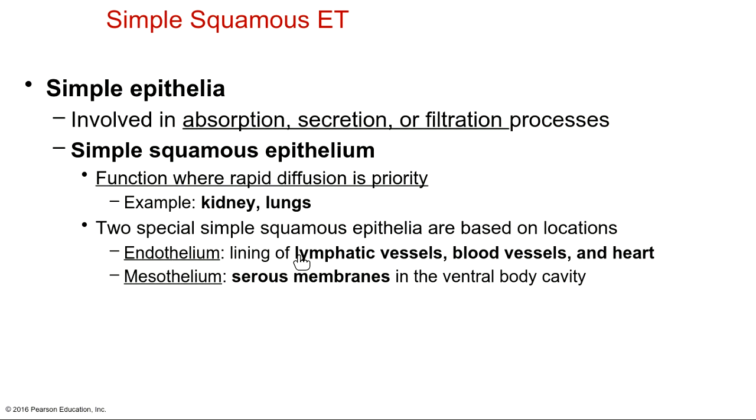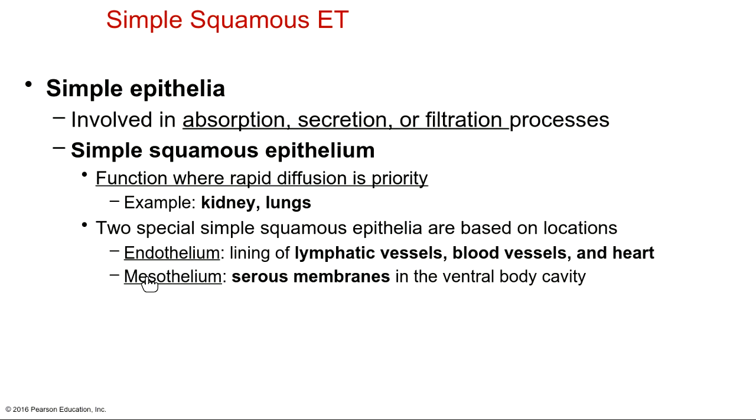Endothelium, you should know, is the kind of simple squamous that is going to line your vessels. That's really the big location for the endothelium. It serves as the kind of simple squamous that you find in your blood vessels, lymphatic vessels, and you do find it in certain areas of the heart.